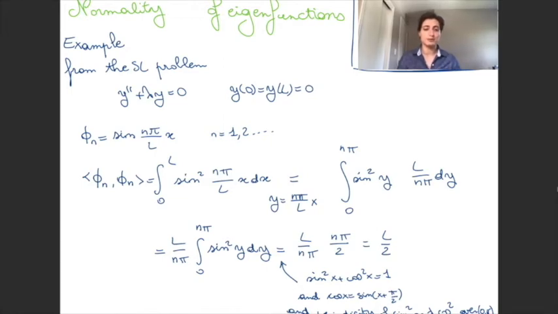All of this can help us determine the fact that this integral is really the integral of sin squared from 0 to a multiple of pi, at the multiple of pi divided by 2. So we see that our constant L over n pi simplifies with the n pi over 2 that we have, leaving us with L over 2. That means that the square of the norm of the eigenfunction that we have chosen is L over 2.